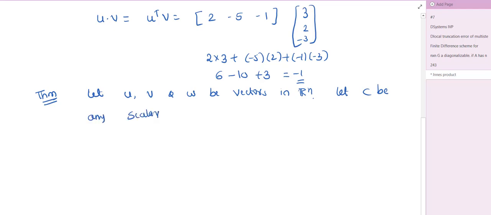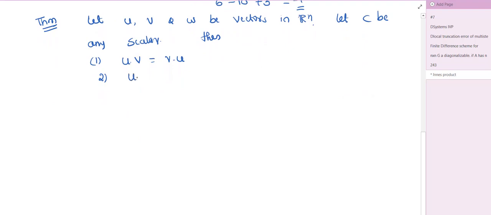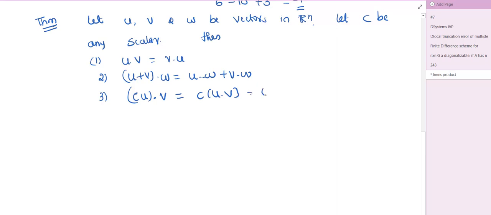Then the first one is U dot V will be equal to V dot U. It means the inner product is commutative, and it is distributive over the addition, that is U plus V dot W equals U dot W plus V dot W. Then if you have a scalar multiplied by U and then you take the inner product with V, it is as good as U dot V or U with C times V. So all three are the same.